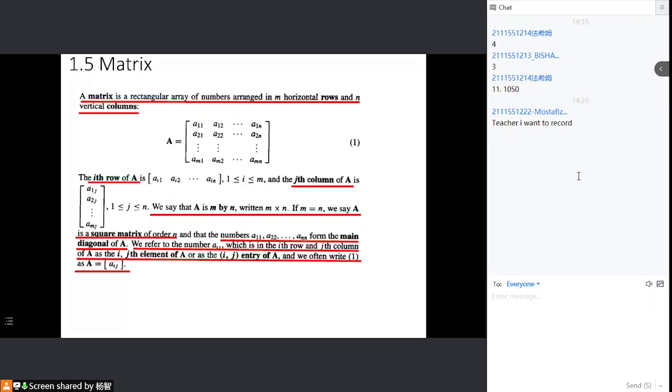Have you learned the matrix before? Yes, I learned before. How many students have learned the matrix?